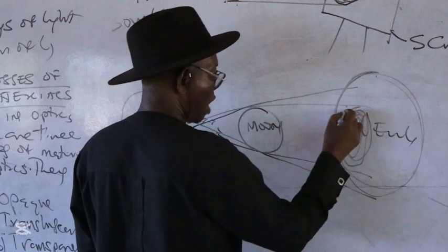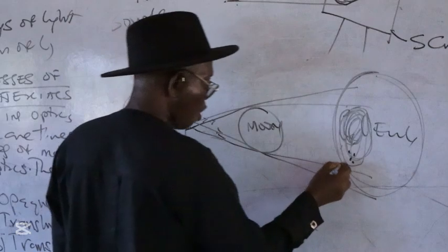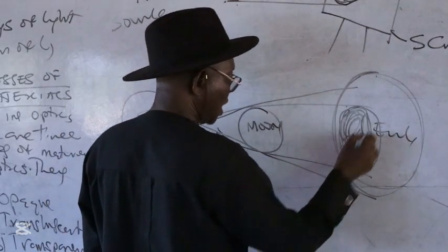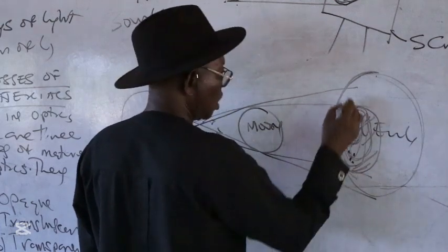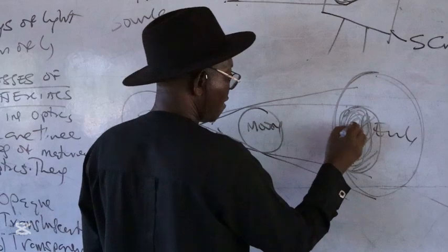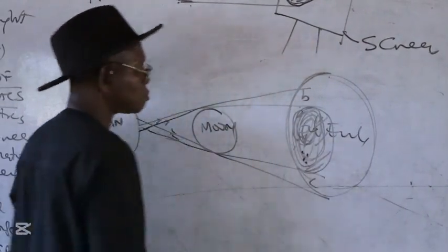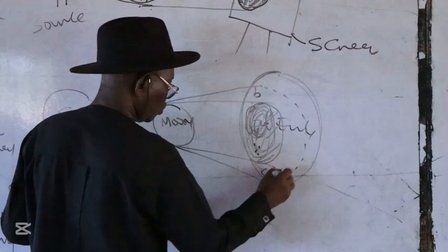So this part where these two meet will be in total darkness. This is where we have your umbra. Complete darkness will be here. Above this complete darkness here, you have some part of the earth. You can call this one part A, part B, part C. So where we have B and C, we have little rays of light reaching those parts.